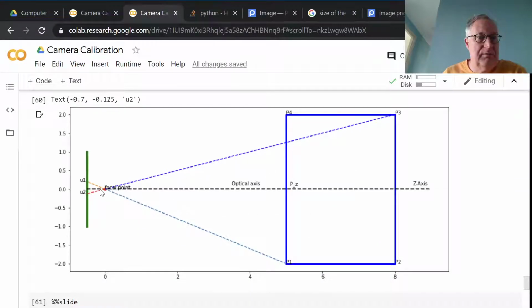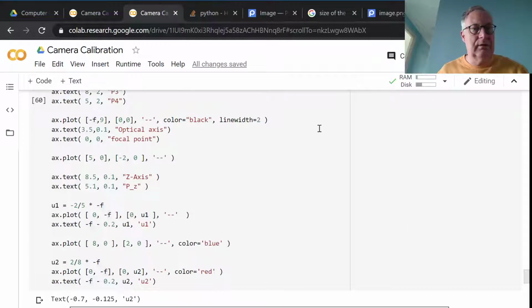Right here, I flip the coordinate x, z, and let me try and plot an arrow there.